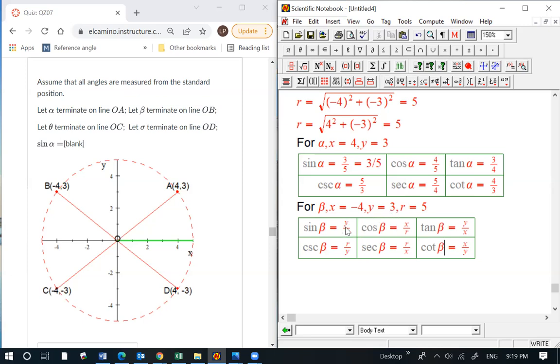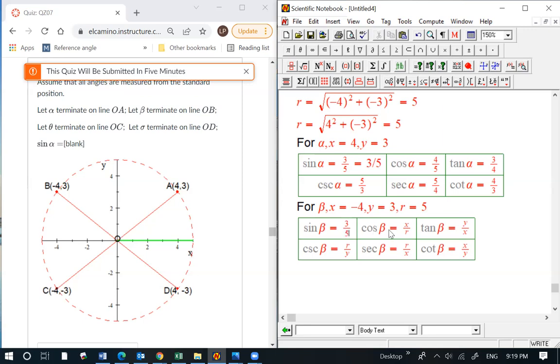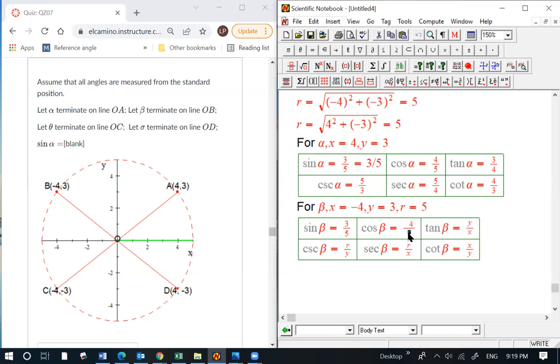So y is 3 and r is 5. And for cosine beta, x is -4 and this is 5. How do we enter this number? This is -4. You probably don't see the negative sign. Do you see that negative sign?